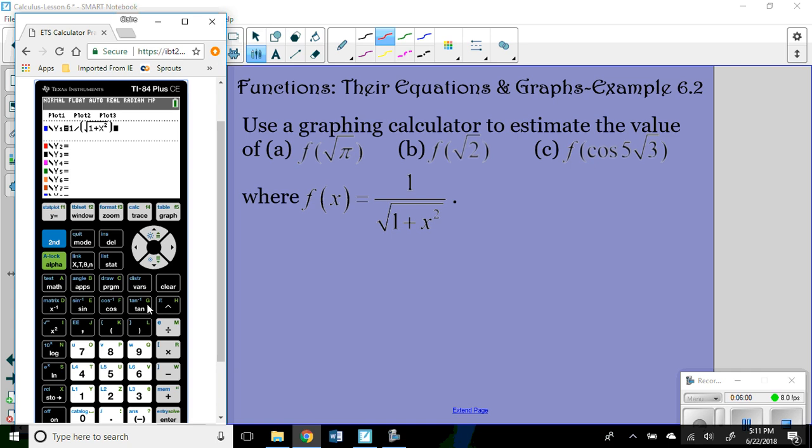On this particular one, those parentheses aren't exactly necessary because you only have one term in your denominator, but if you're ever not sure, go ahead and put them. And then you hit enter.